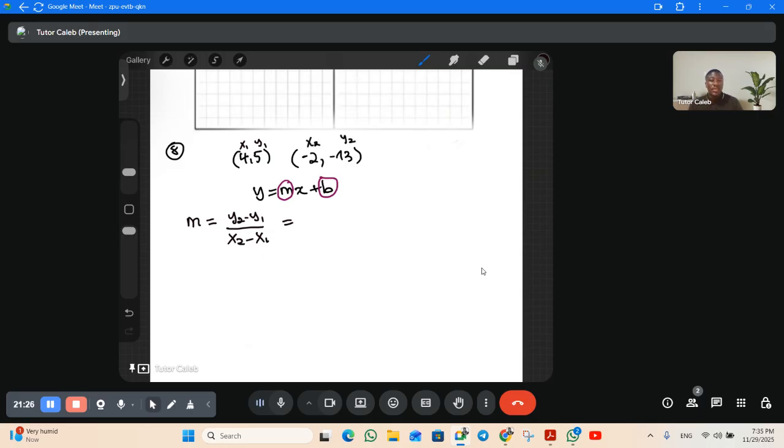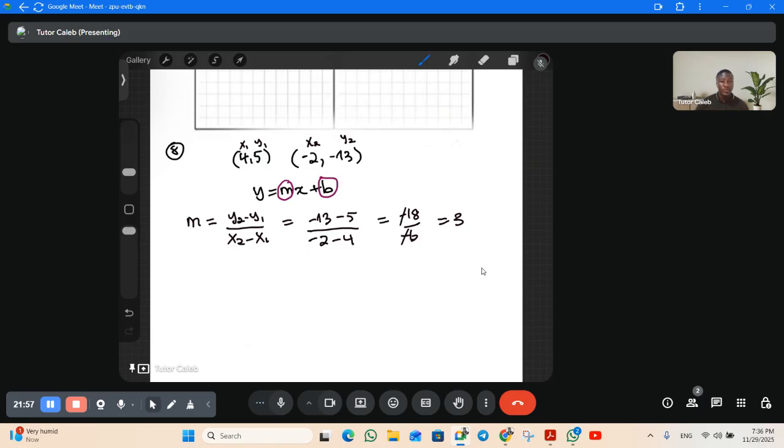So if I say y2 minus y1, I'll have -13 minus 5 divided by -2 minus 4. This gives me -18 divided by -6. The minus cancels with the minus, and 18 divided by 6 gives me 3. So that means the slope is 3.